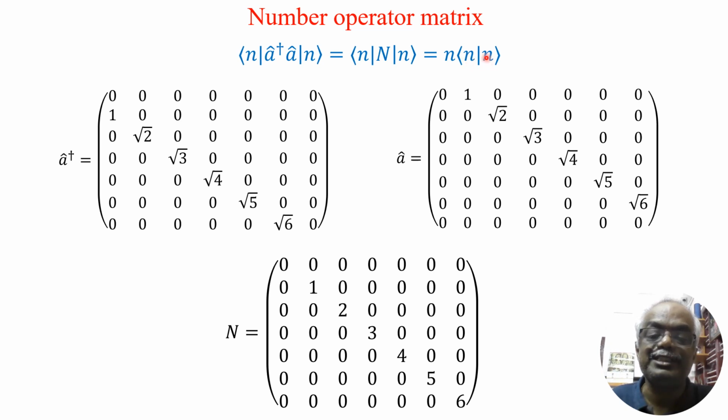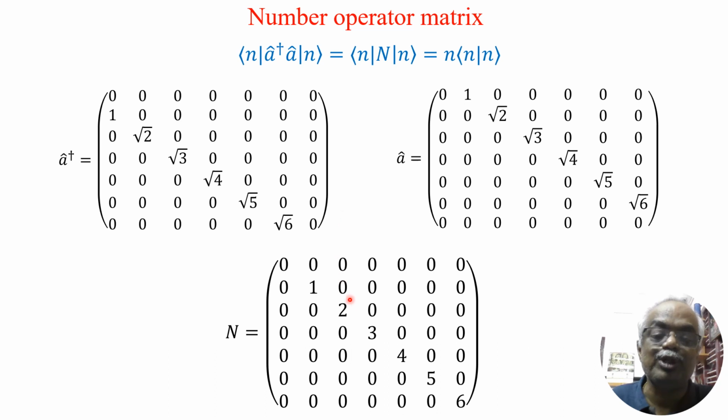So naturally these are the diagonal elements. When n is equal to 0, this is 0; n equal to 1, 1; 2, 2; 3, 3; 4, 4; 5, 5; 6, 6. So you will get diagonal elements only. What the diagonal elements mean is the eigenvalues. The eigenvalues vary from 0, 1, 2, 3, 4, 5, 6 up to n.